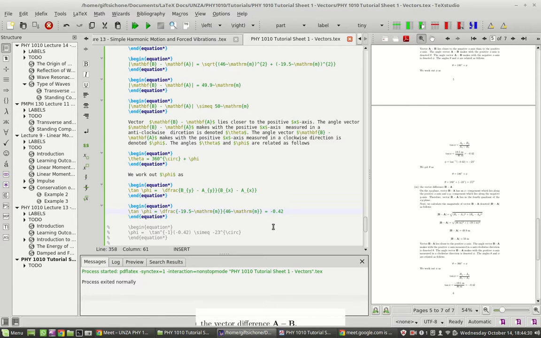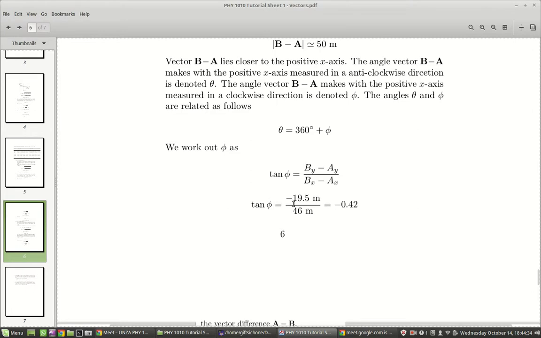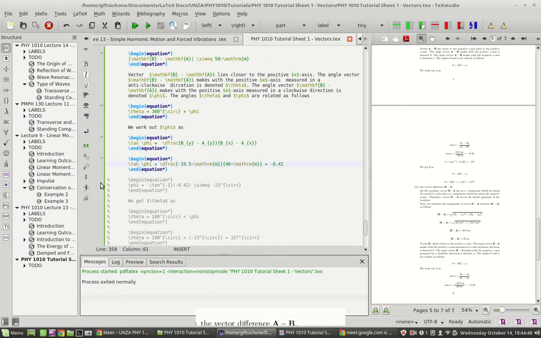Of course, we can confirm that, minus 19.5 divided by 46, is still going to give you minus 0.42. With that, we can work out what phi is going to be.